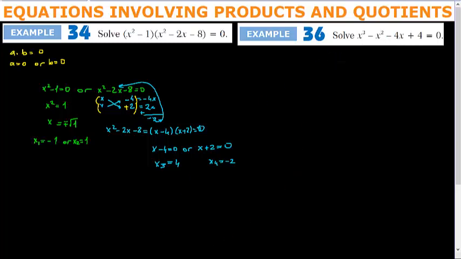I can group x cubed minus 4x together, and minus x squared plus 4. If I take out a minus with parentheses, this minus 4 becomes plus. Here this is important: minus times plus makes minus, and minus times minus makes plus.